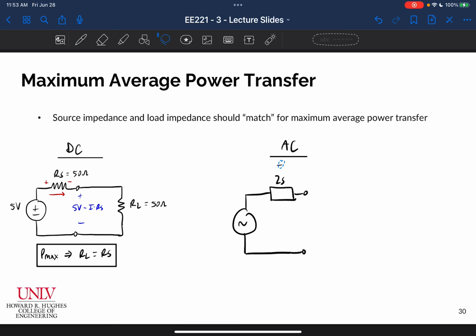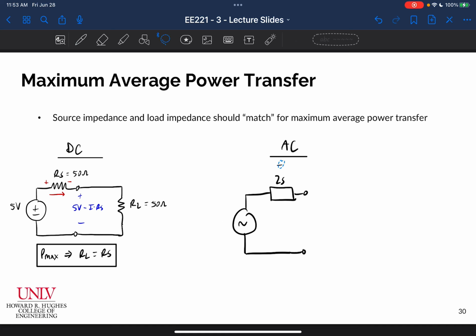Well, that means that if ZS, for example, is equal to some resistance plus J times some reactance, ZL needs to be equal to that same resistance minus J times that reactance. And what ends up happening in that case? If I look at my current flowing in this circuit, I would have to add ZS to ZL to get my total impedance.